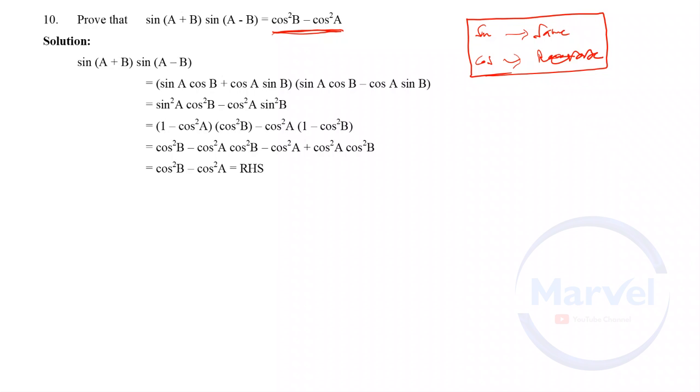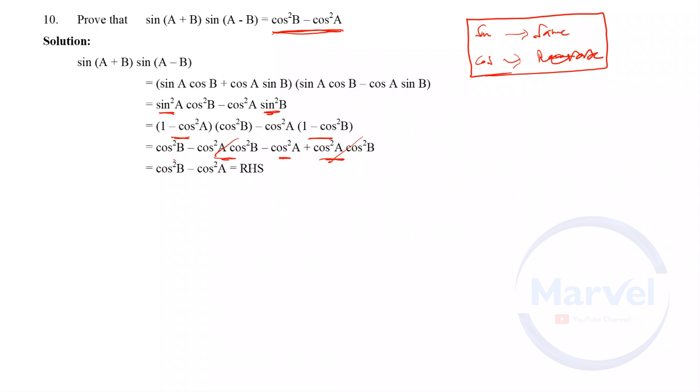Same formula, the only thing is in the previous proof we replaced cos square by 1 minus sin square. Now replace sin square A by 1 minus cos square A, sin square B by 1 minus cos square B. Multiply: cos square B minus cos square A cos square B minus cos square A plus cos square A cos square B. These two terms get cancelled and hence cos square B minus cos square A. So how to remember these two formulas?